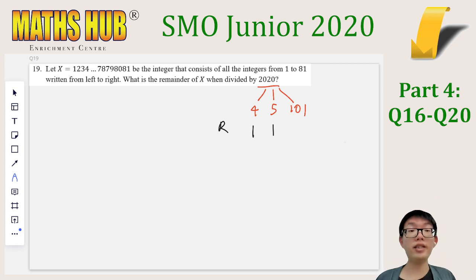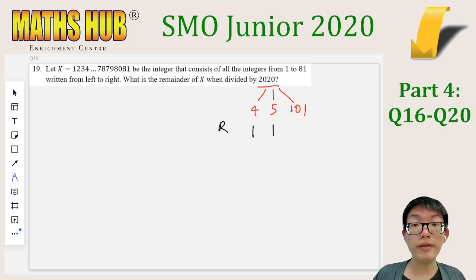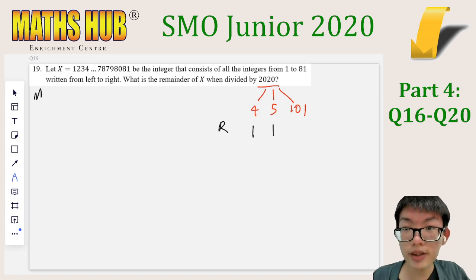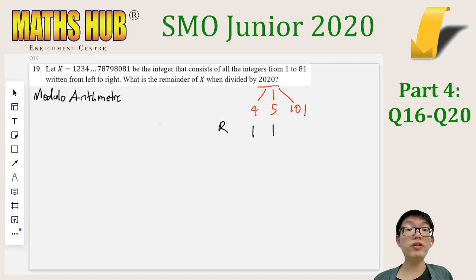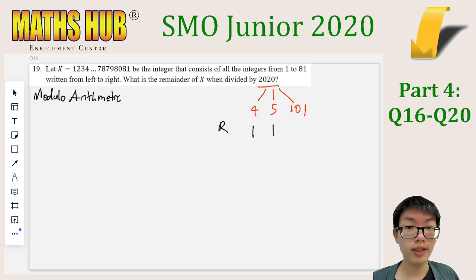Now the idea here actually extends the divisibility test for 11 to 101. And we'll need to use a little bit of modulo arithmetic to solve this problem. Now the idea of modulo arithmetic is that you can focus on a single number that you're dividing by. In this case, 101. If the question only asks you for the last digit, you can say that we are doing our operations modulo 10 because the last digit is just the remainder when divided by 10.